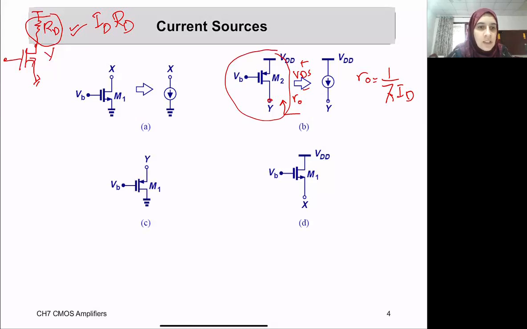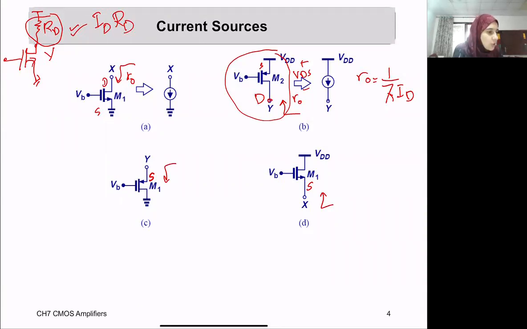Now, you need to make sure that you connect the transistor from the drain side. This is the source side. If we are looking from the drain side, then we will see this Rout. But if you by mistake connect it from the source side, as you can see here, looking up here and looking down here, we will not see this large impedance.